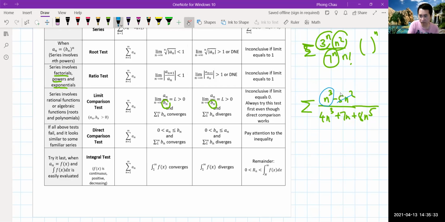The other terms are insignificant, and the fifth-degree term is really the dominant leading term. So you drop the others and take just n cubed over 8n to the fifth. When you simplify, that's 1 over 8n squared, and that is your b sub n for the series you're testing.